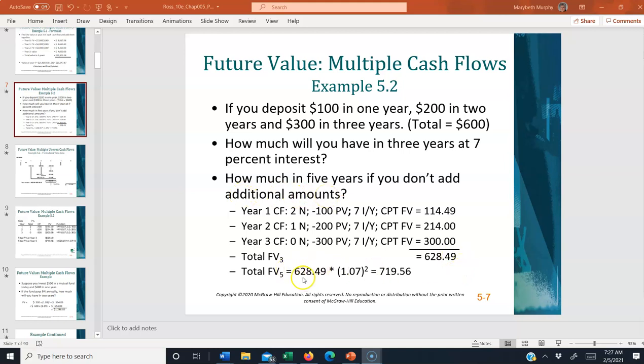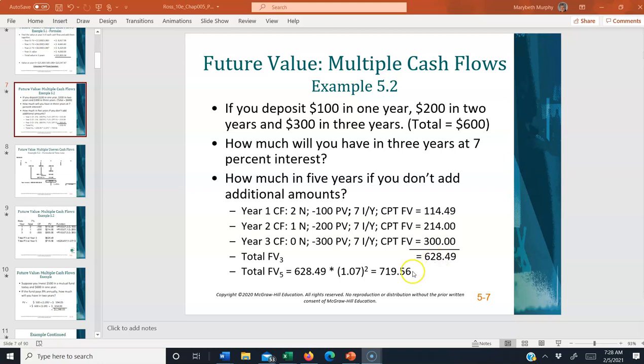Okay, well, we'll take what we had at the end of 3 years, $628.49, and we're going to multiply it by 1.07 squared, because we're going from 3 to 5 years, so that's 2 additional years. If we went from 3 to 6 years, it would be cubed, 1.07 to the third power. Okay, so if we multiply this out, it comes out to $719.56.